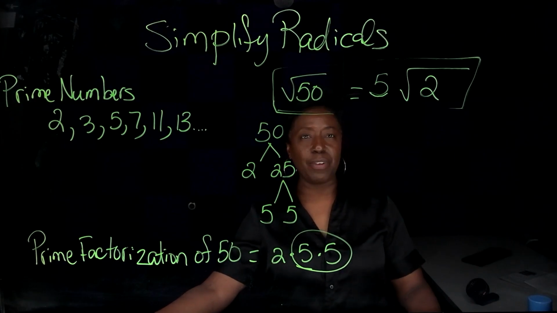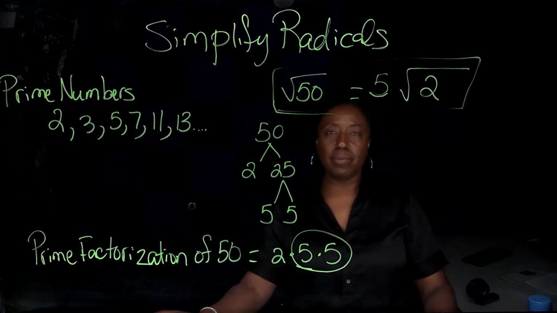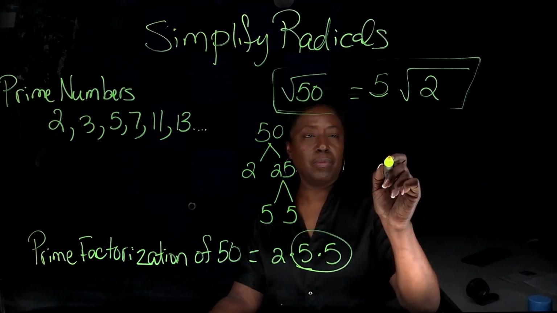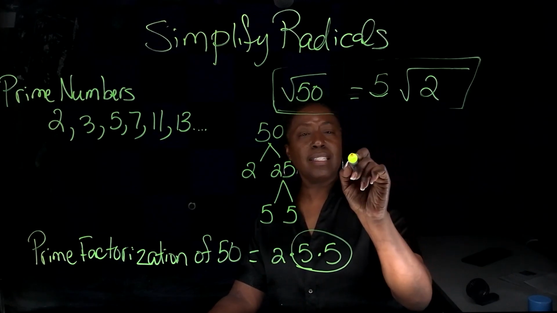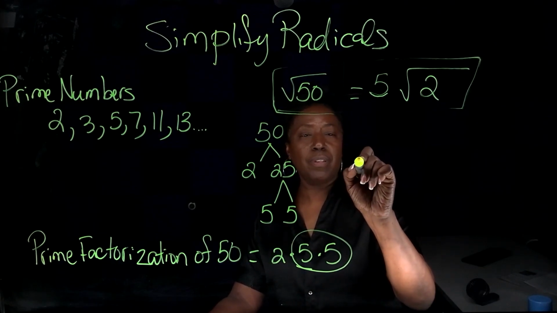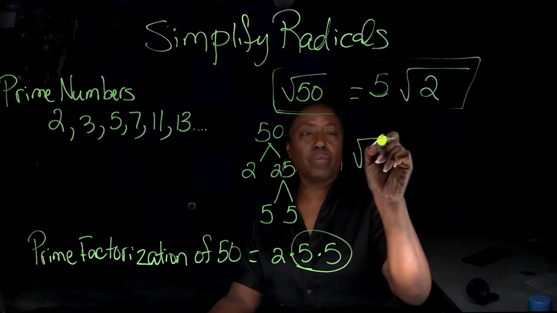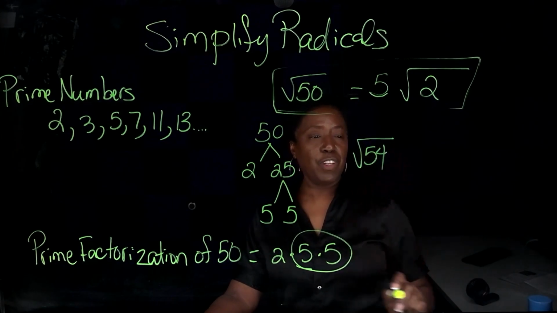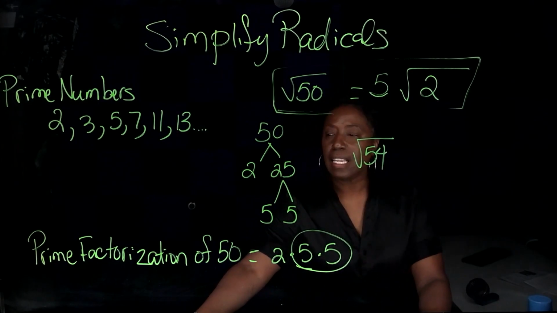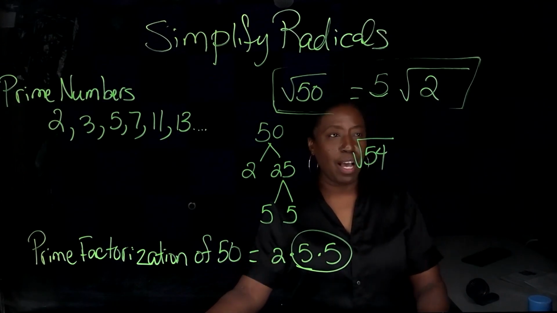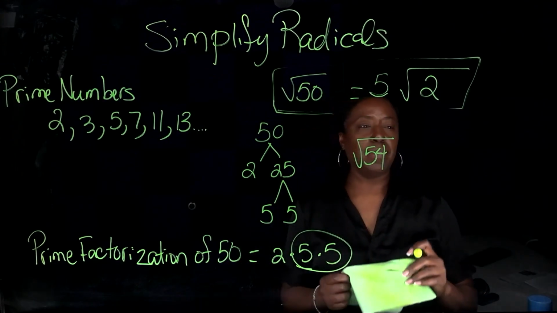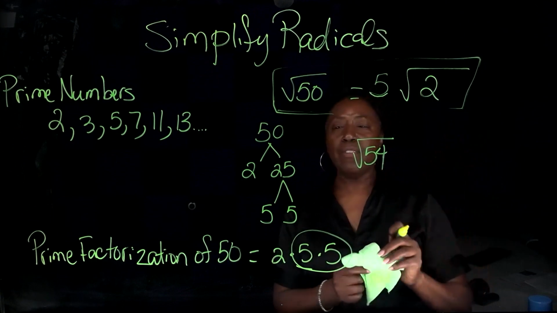Let's look at another example. Let's look at the square root of, let's try 54. Let's write it in its prime factorization. So I'm going to erase a little bit here for some room.